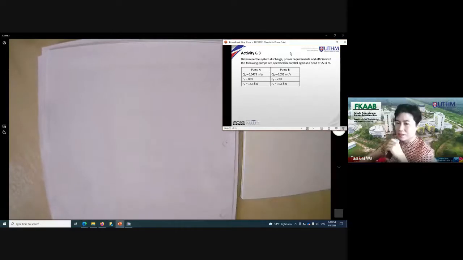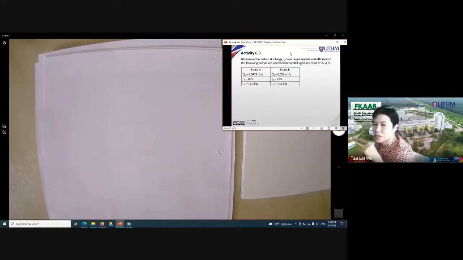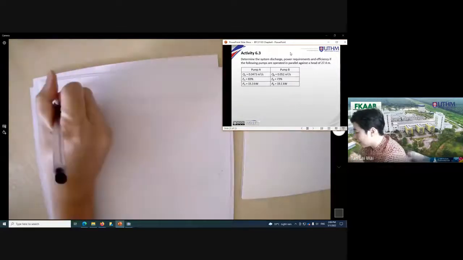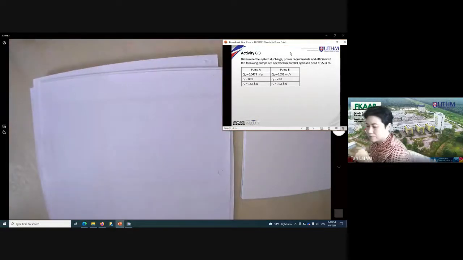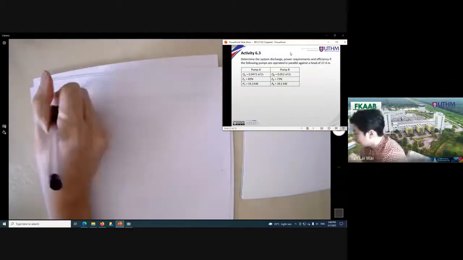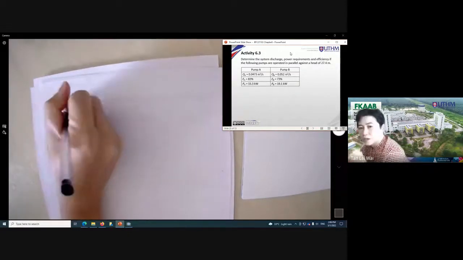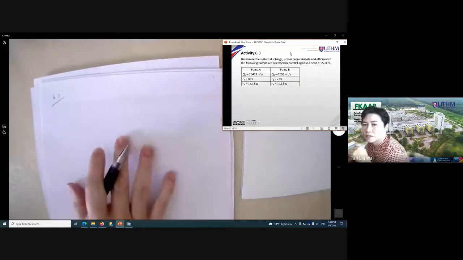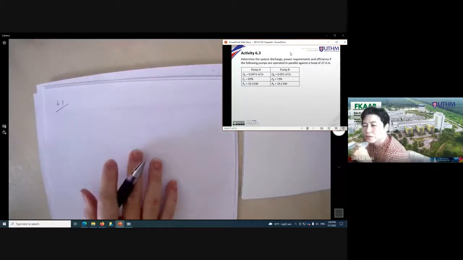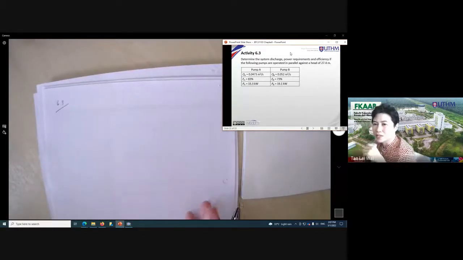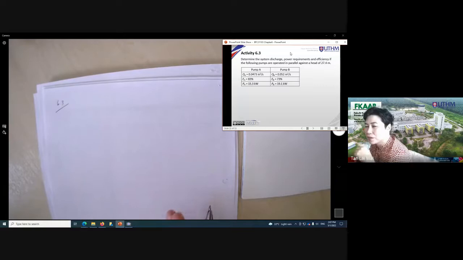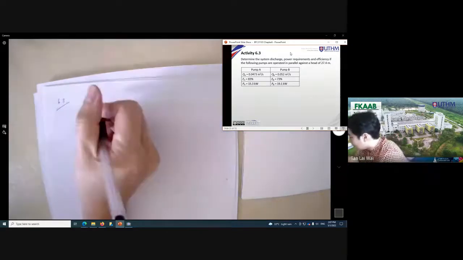Okay, let's look at this exercise. You have activity 6.3. The question asks us to find Q. You have pump A and pump B. If you look at the question, it says pump A and pump B are installed parallel to each other.